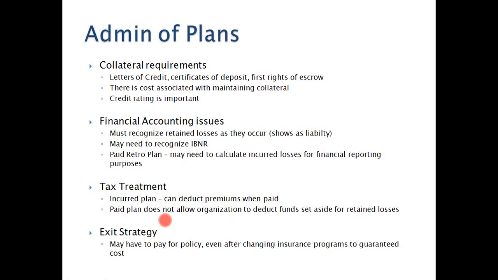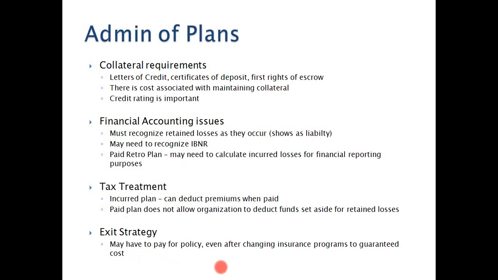And then the other issue is exit strategy. So under a lot of these programs, because you have your evaluation periods, and this happens with self-insured groups and others, let's say you decide that you go back to a guaranteed cost program after you did 2 years of a retro. Because you're still beholden to the retro plan, and if costs continue to increase, you may still have to pay for the policy even after you've changed programs.